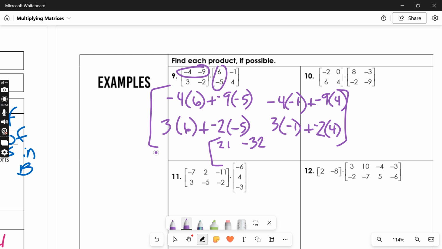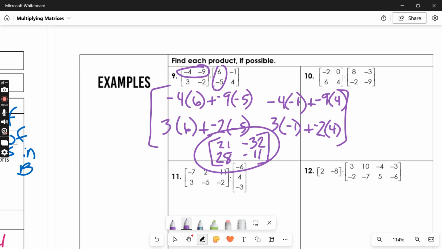And then 3 times 6 plus -2 times -5 would be 28. And 3 times negative 1 plus negative 2 times 4 would be negative 11. And this would be my answer.